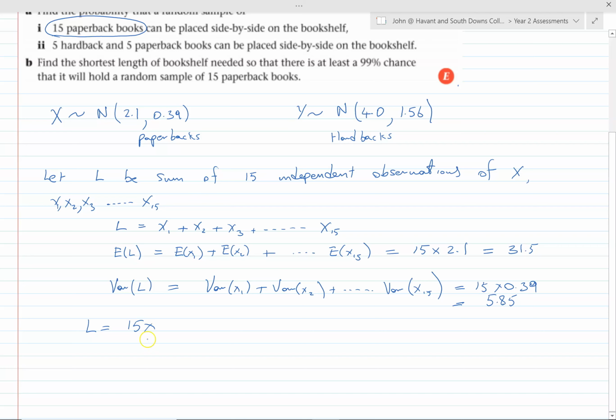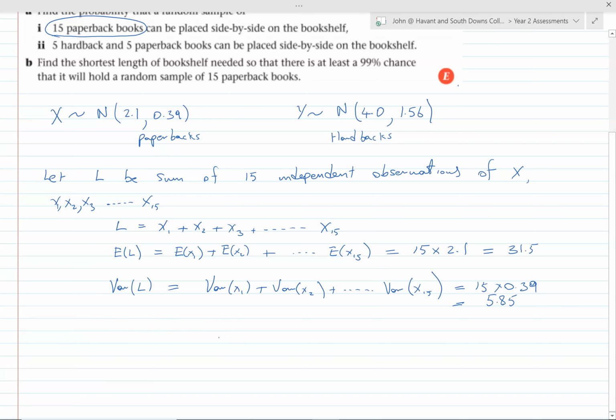So the price of the book was 15 times whatever the thickness of the book was. L could represent price. So it's basically a function of a random variable, rather than taking 15 independent observations of that random variable, which is quite different.